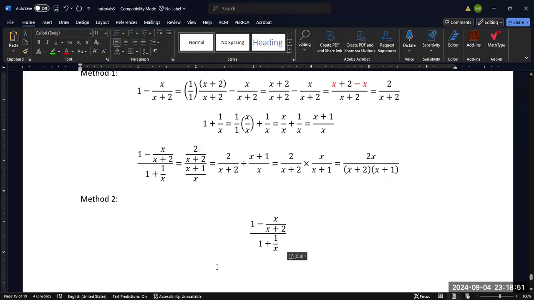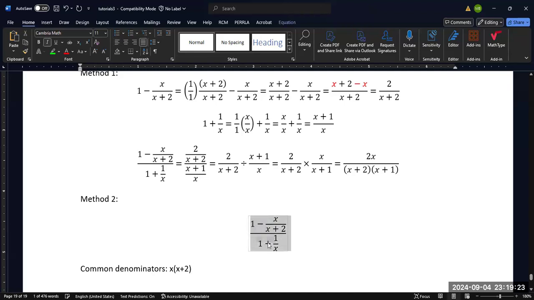Now, in this case, our common denominator for all of the fractions in the expression is x times x plus 2. I have a denominator of x in the denominator, and I have a denominator of x plus 2 in the numerator. That's all it is. So I'm going to multiply both the numerator by x times x plus 2 and the denominator by x times x plus 2.